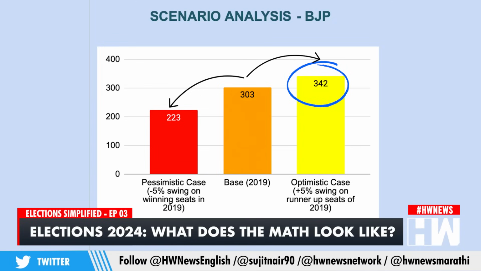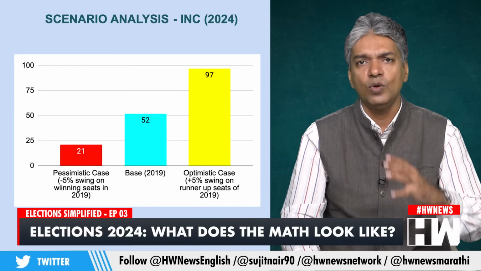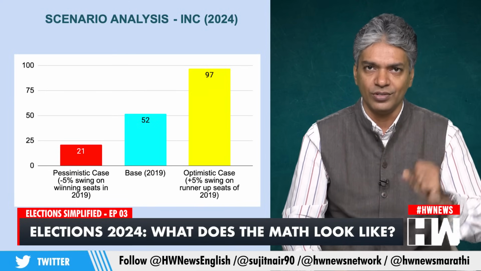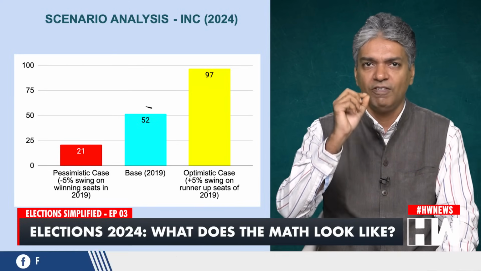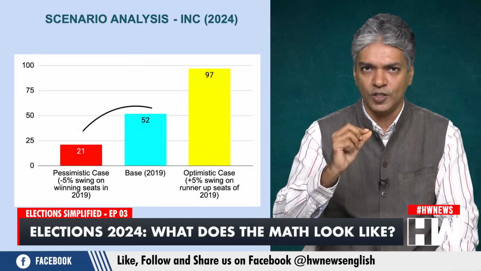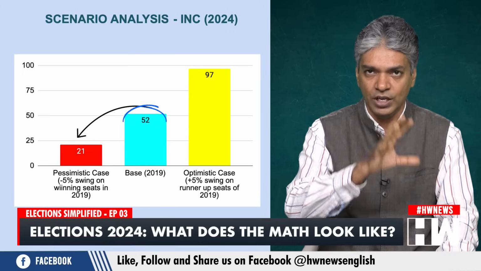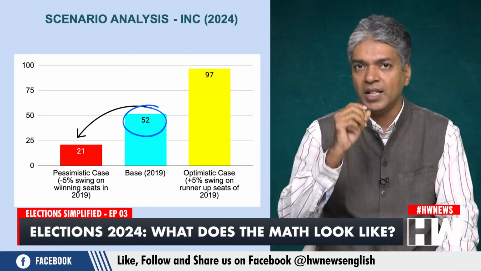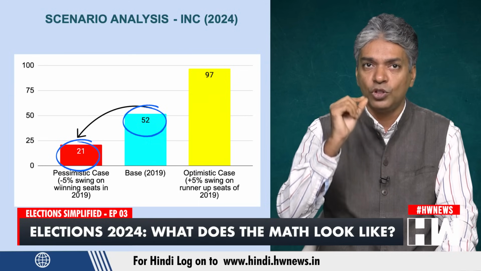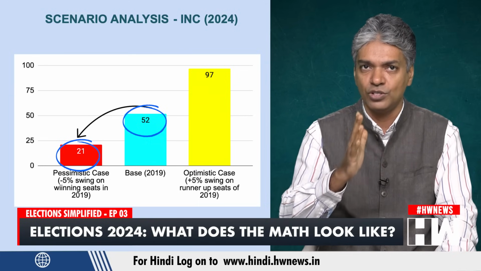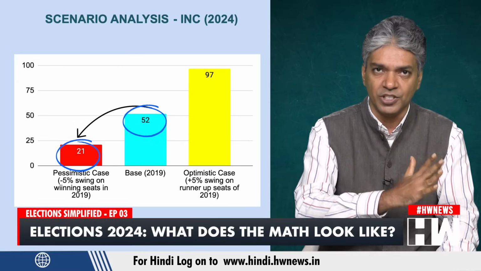who seizes the narrative. Now, if we do a similar analysis for Congress, meaning if we reduce 5% vote share of the Congress party on the seats which it won, 52, and give it to the runner-up, then the Congress could lose anywhere up to 31 seats and its tally reduces to 21, which is the pessimistic case.